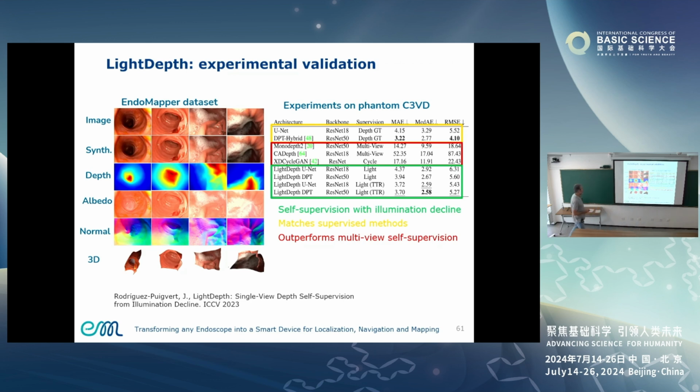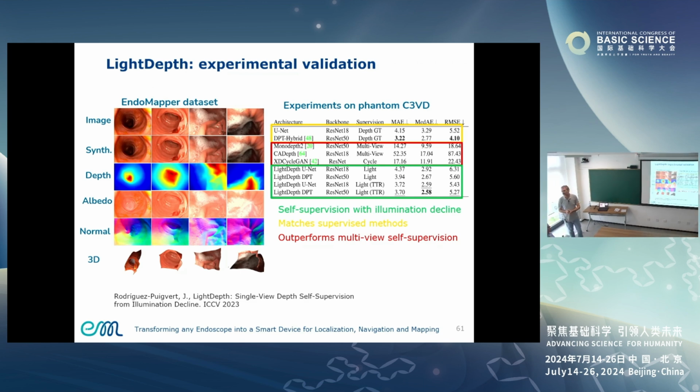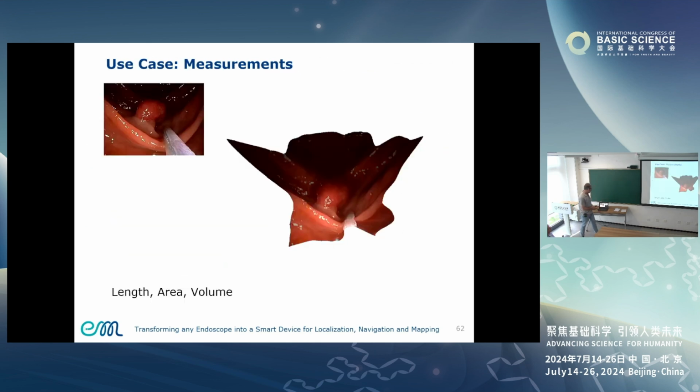So this is a result we are very happy with, because I think it's particularly useful in this endoscopic environment. So these are some examples of the things that we are able to do.